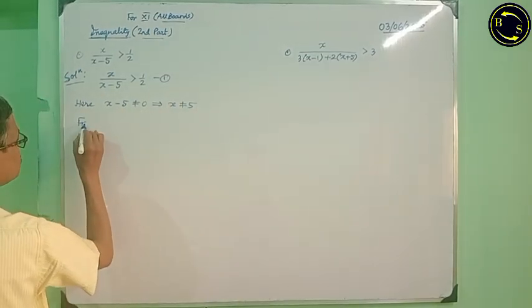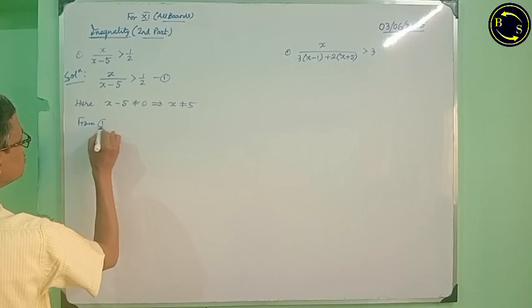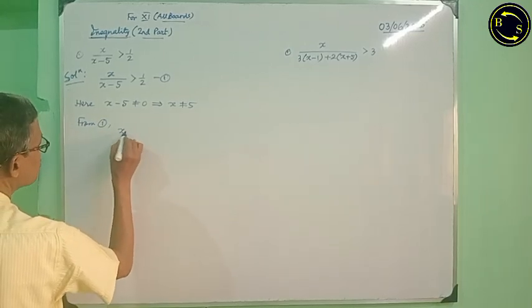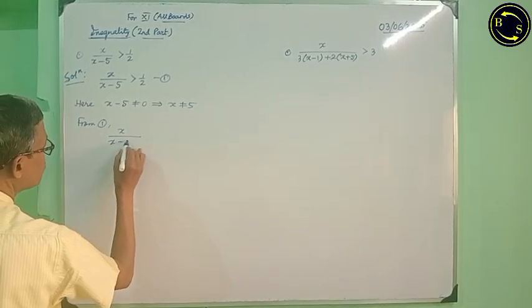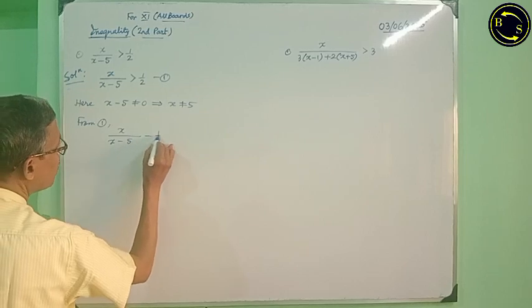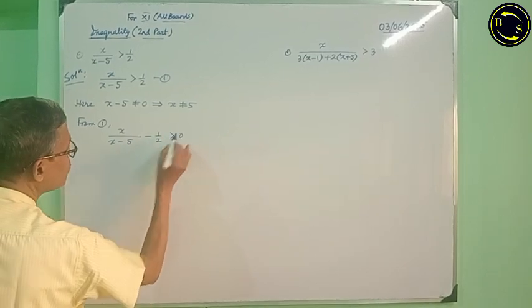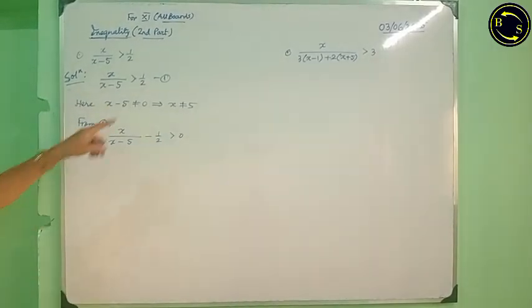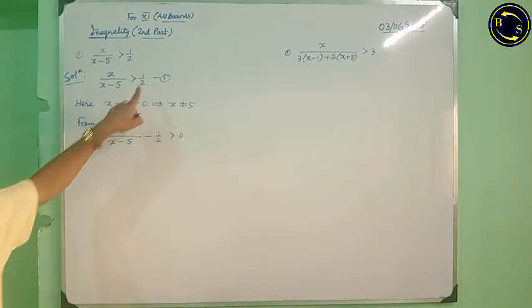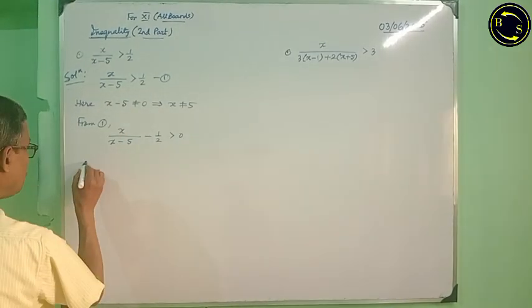From 1, x by x minus 5 minus half greater than 0. I have taken this constant half on the left side. Then we simplify.